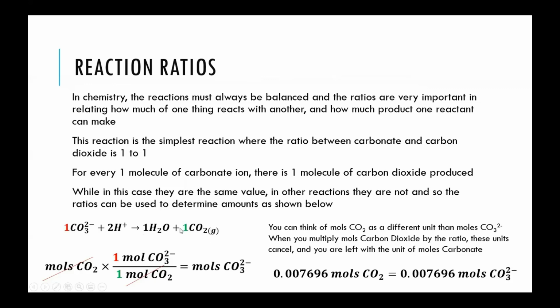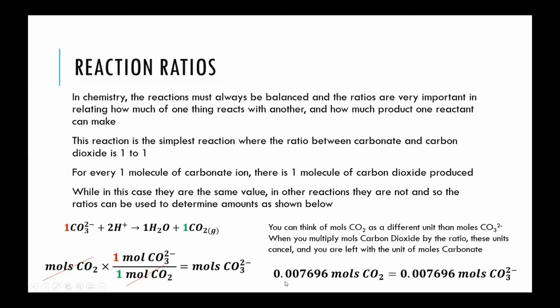So if you have the moles of one component and the moles of another component, you can look at that ratio and cancel out moles of CO2, and you would be left with moles of carbonate. In this example and throughout this experiment, the moles of carbon dioxide is equal to the moles of carbonate because it is a 1 to 1 reaction ratio.